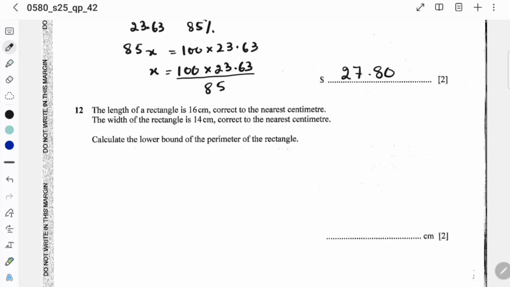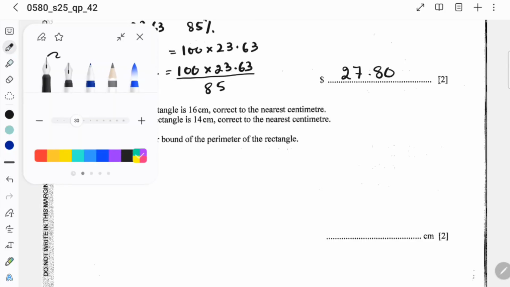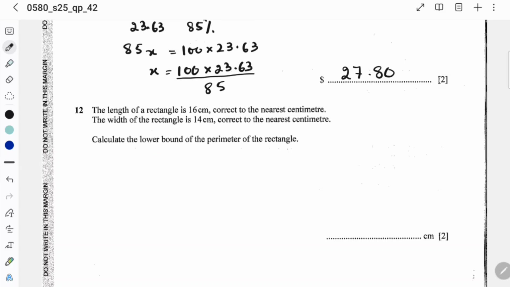Calculate the lower bound of the perimeter of the rectangle. Lower bound, upper bound questions, we can quickly find out the lower and upper bounds, and for perimeter, for lower we'll add lower with lower. For 16, if we take the bound to the nearest centimeter, means half a centimeter, plus 0.5 will give you the upper bound and minus 0.5 will give you the lower bound. For 14, plus 0.5 gives the upper bound, because they both are corrected to the nearest centimeter, minus 0.5 the lower.